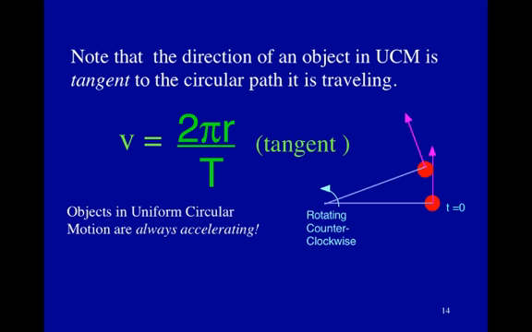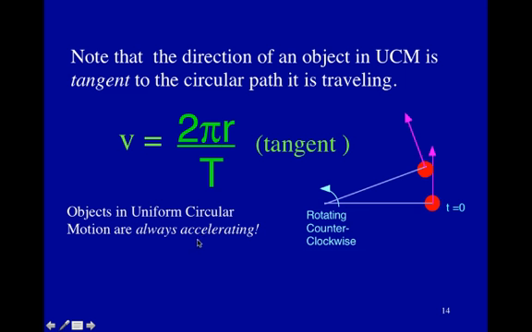So, in conclusion, we have our speed for an object in uniform circular motion is equal to 2 pi r, the circumference, divided by the period. And we just saw that the puck flew off tangent, so the direction of an object in uniform circular motion is always tangent to the circular path, perpendicular to the radius.